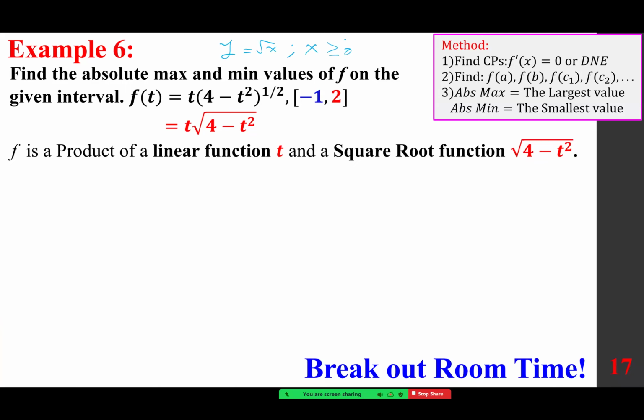In this case, 4 minus t squared must be greater than or equal to 0, which means we are going to factor it into 2 minus t times 2 plus t.